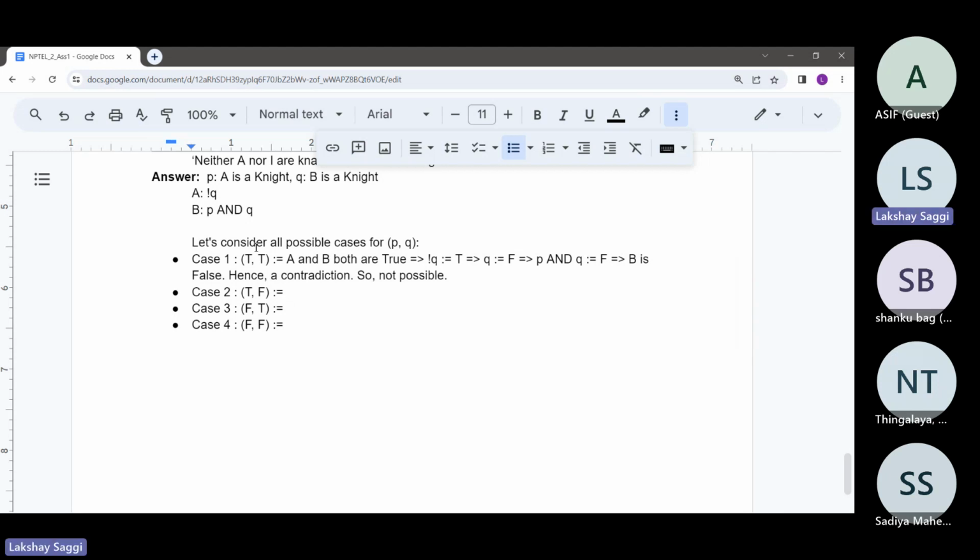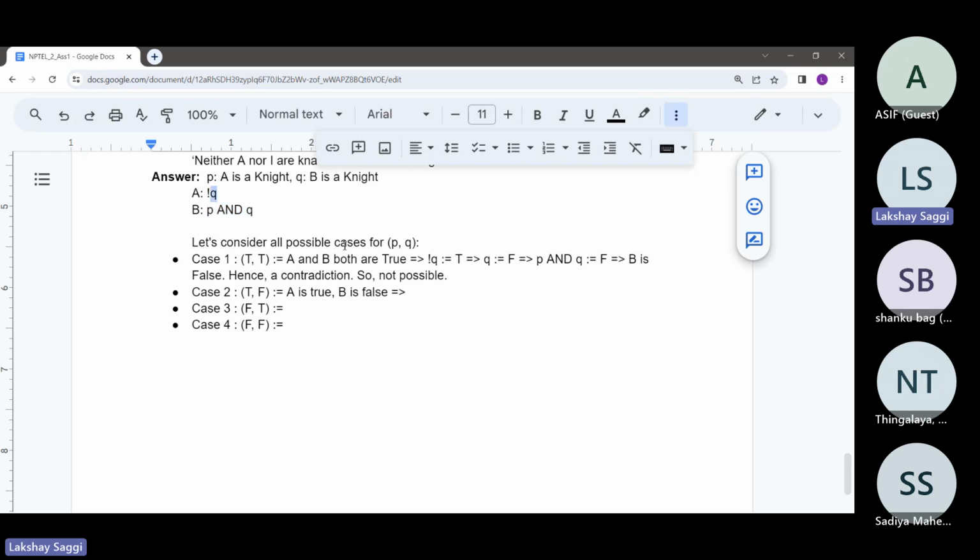So now let's come to case 2, where A is true and B is false. What this means is that this statement not Q is true and P and Q is false.